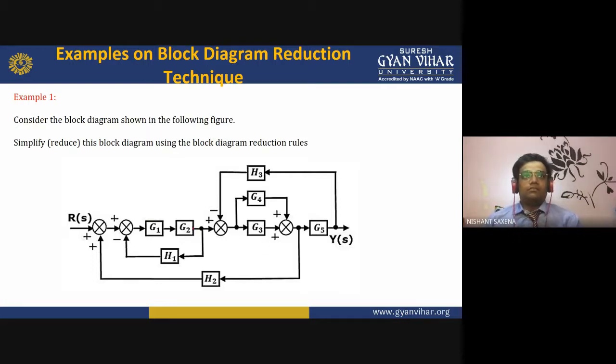H1 is shown with negative polarity, H2 with positive polarity, and H3 also with negative polarity. There is one input, R(s), and one output, Y(s). We have to reduce this complete diagram using the block diagram reduction technique. Let's see how to do this.